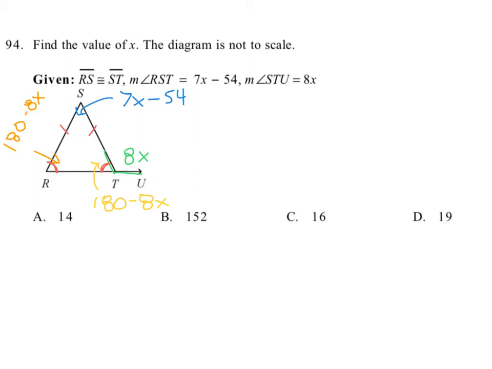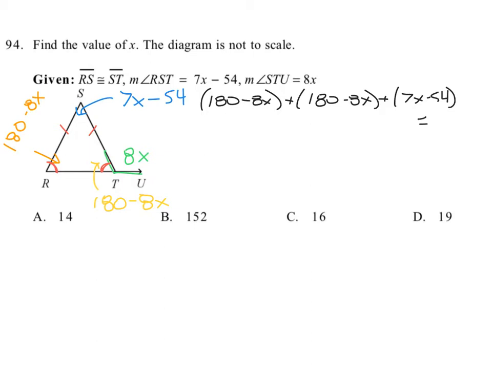I'm going to put it in parentheses to show the three different parts that we've got. Parentheses, 180 minus 8x, plus parentheses, the other base angle, 180 minus 8x, parentheses, plus 7x minus 54.